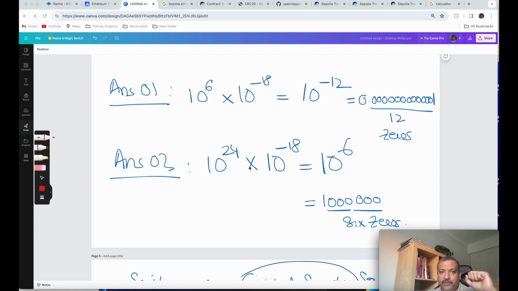10 to the power 24 times 10 to the power minus 18. You should have got 10 to the power 6, which essentially means 1 and 6 zeros after it.